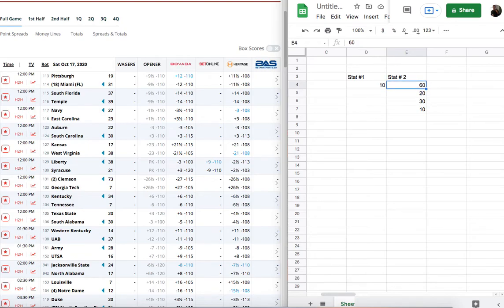So 60 minus 20, 60 divided by 3 is 20. You take 20 plus 10 equals 30. You divide that by 3, and the number is 10. So our line for this game is Liberty minus 10. And the actual sportsbook line is minus 3. See how that's more realistic for that game? And, of course, Liberty won that.